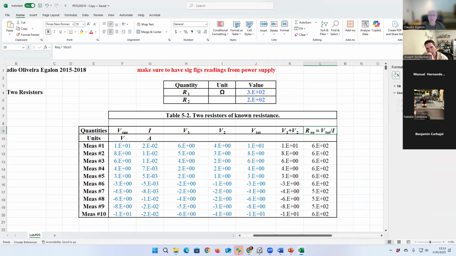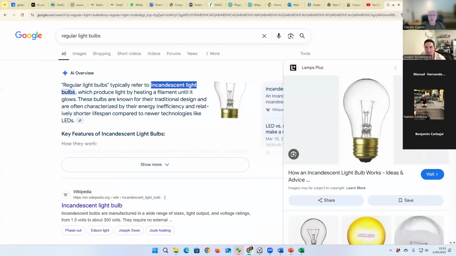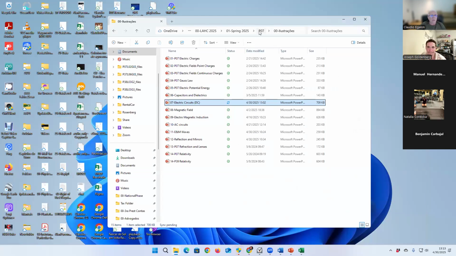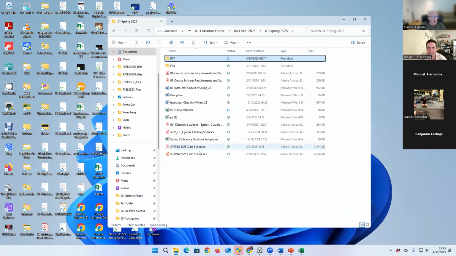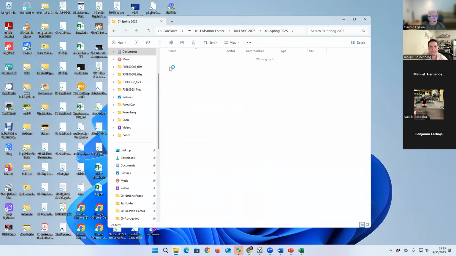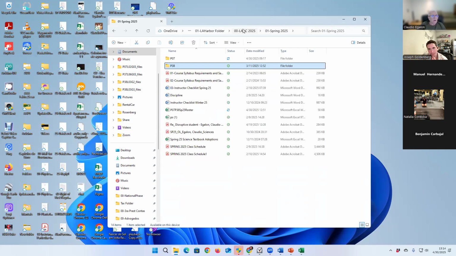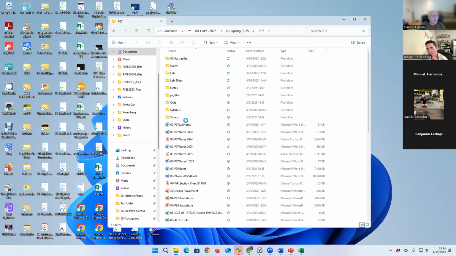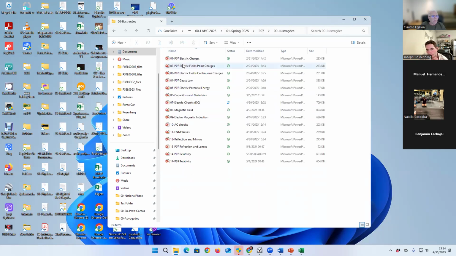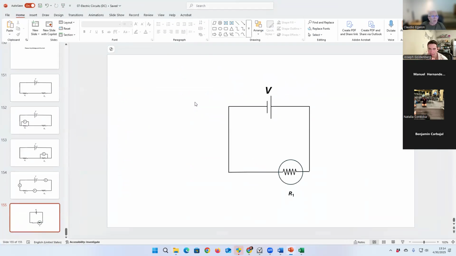Let me see if I used to have a drawing of that. No, it's not here. It might be here. Electric circuits. Here you go. Maybe it's here. Let's see.